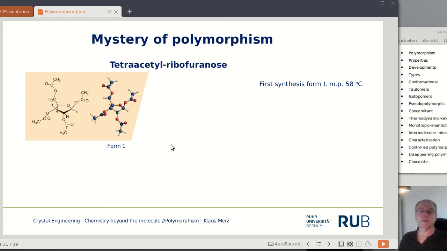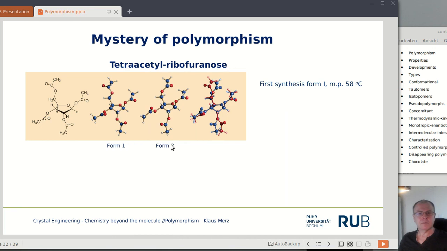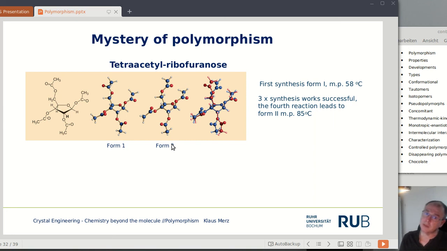And suddenly we got form 2. The same preparation procedure. We didn't change anything. And suddenly we got form 2.